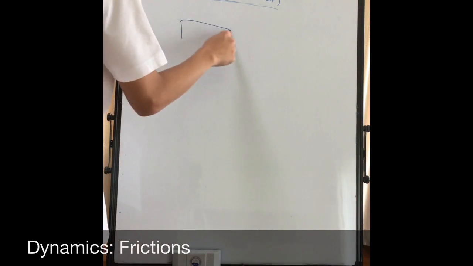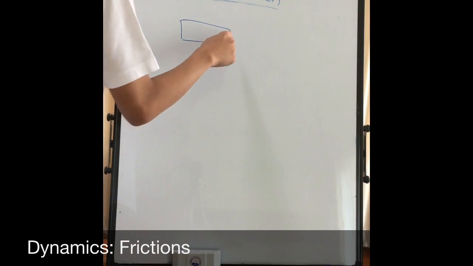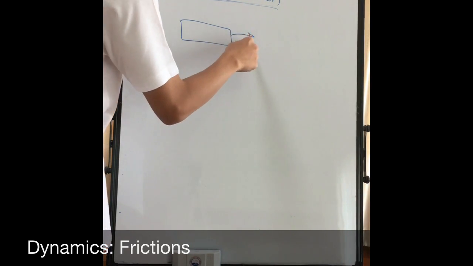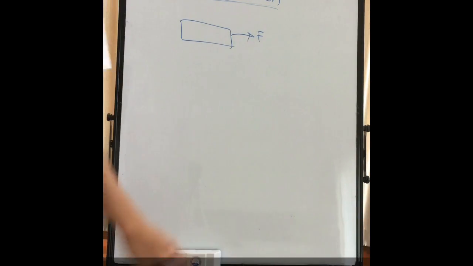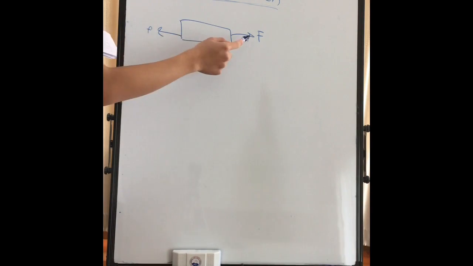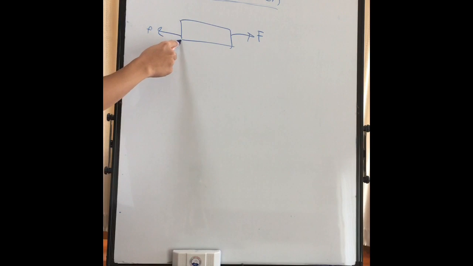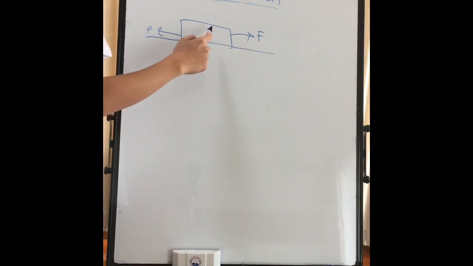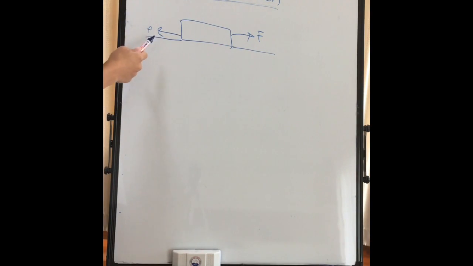So friction is always opposite to the direction of the motion and tends to decrease the net force. So delta F is friction and F is force. Whenever we apply a force, there is friction acting against our force.